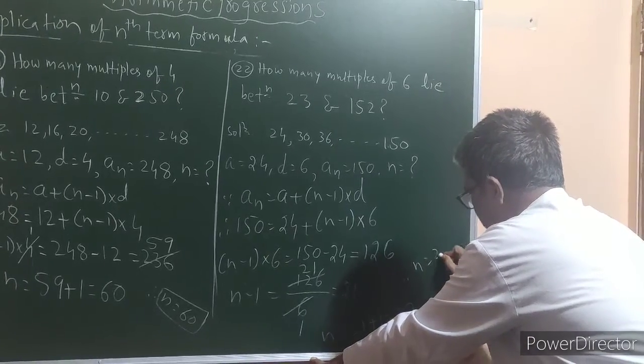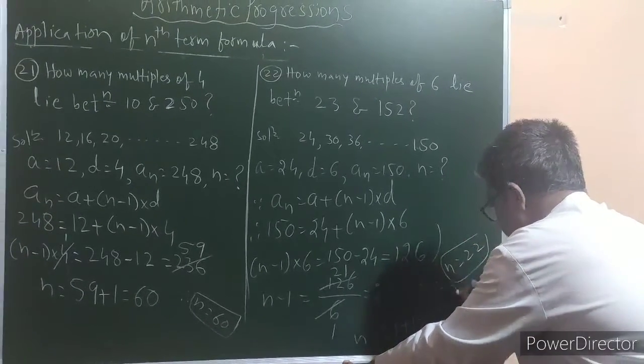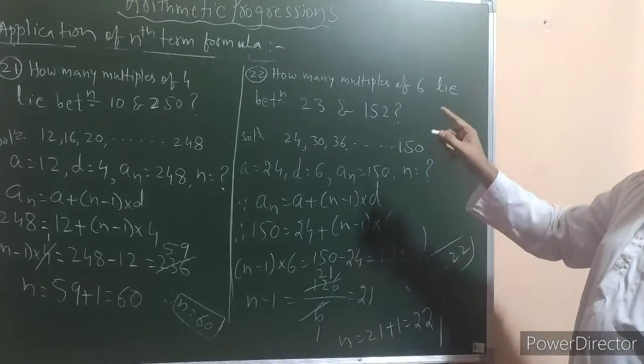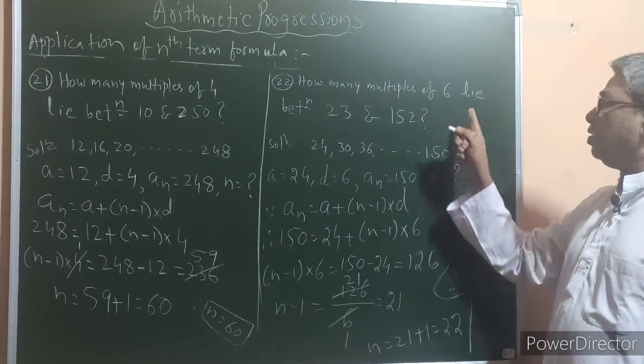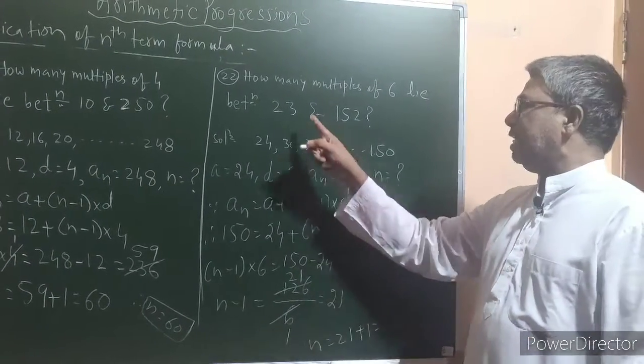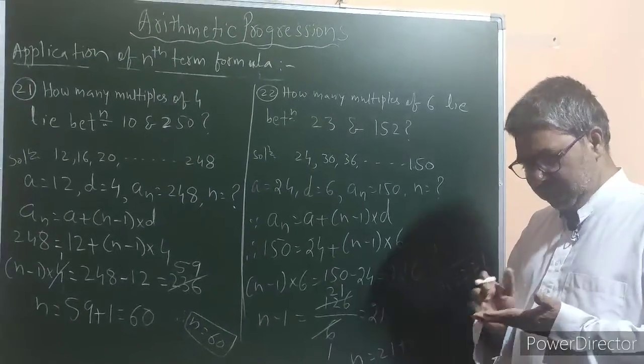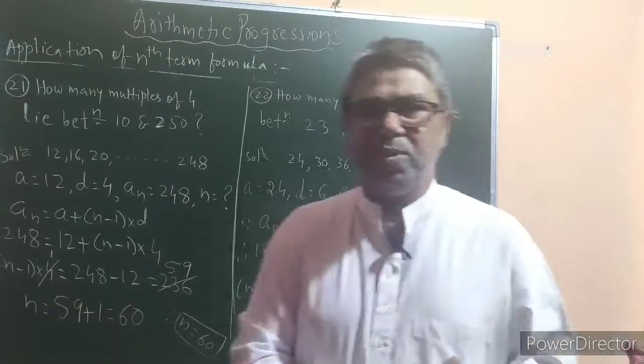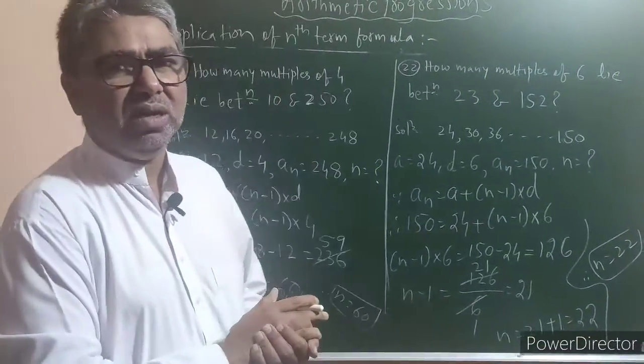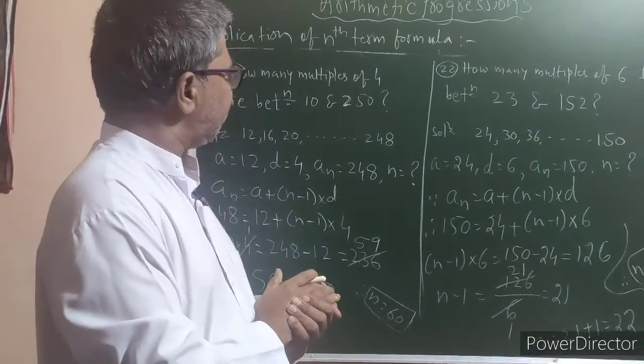Hence n is equal to 22. So the total number of multiples of 6 lying between 23 and 152 is 22. In this way, these two examples are also based on finding the value of n.